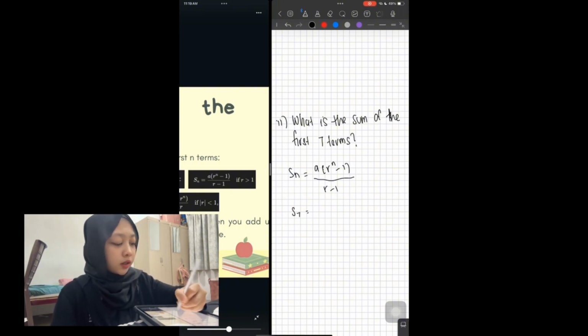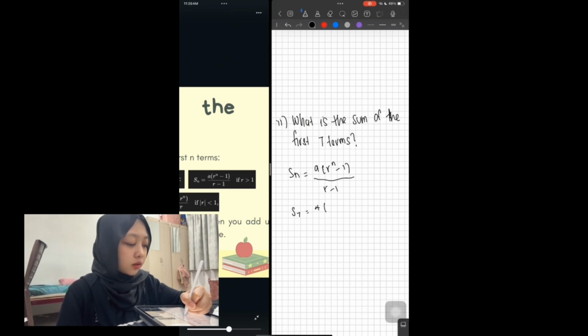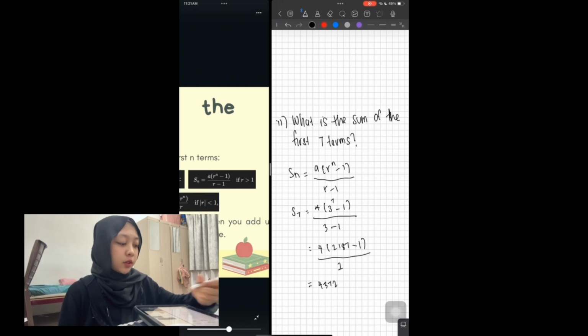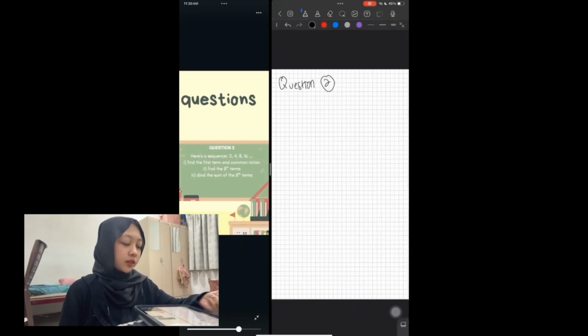Just fill in the numbers. S7, A is 4, R is 3, to the power of 7 minus 1, divided by 3 minus 1, which is 2. The sum of the first 7 terms is 4372. So that's the final answer.